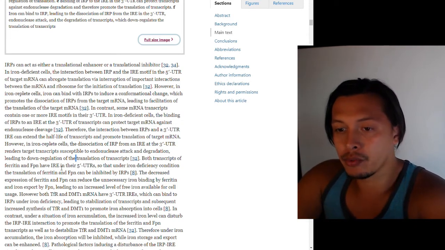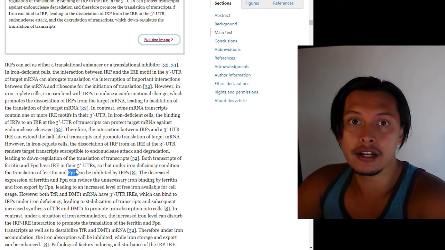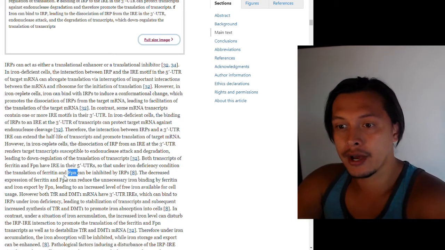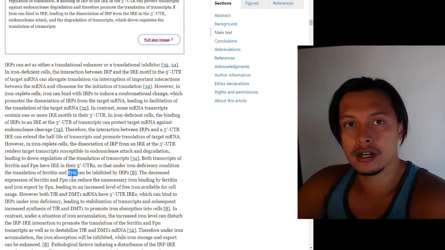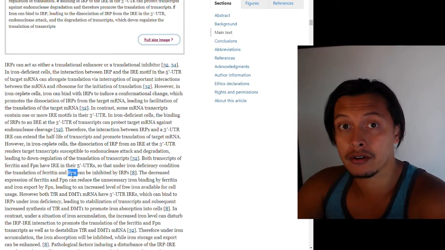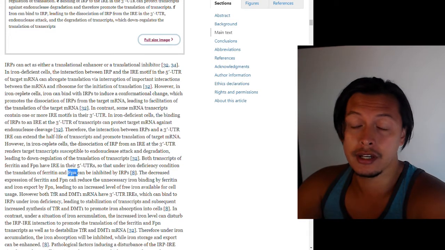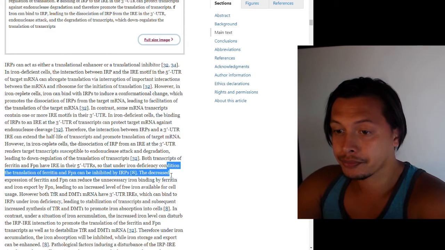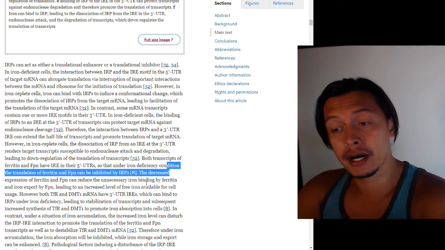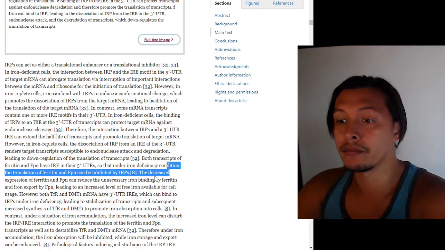And likewise with the ferroportin, if you do not have a lot of iron in the cell, you don't need to have these ferroportins to basically pump out the iron from the cell into the extracellular matrix. Anyways, both of these can be inhibited by the iron regulatory proteins.